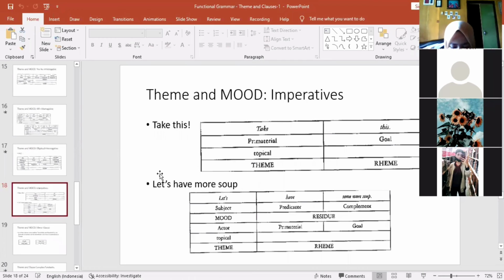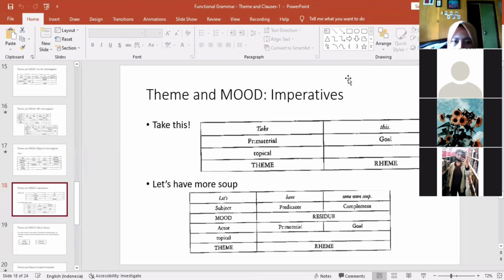And then the next is theme and mood, imperative. These command lines convey warnings, orders, and instructions in English. An imperative sentence can end with a period or an exclamation mark as a warning sign of danger.